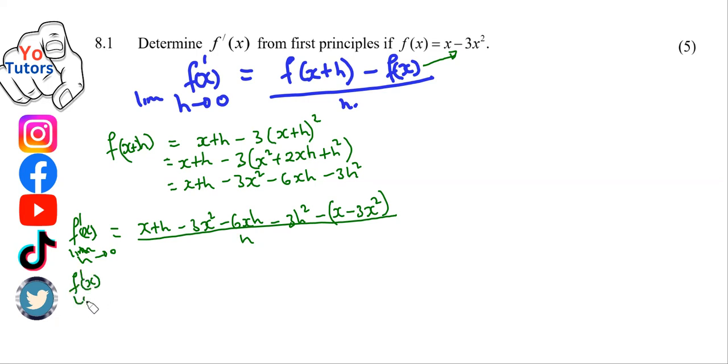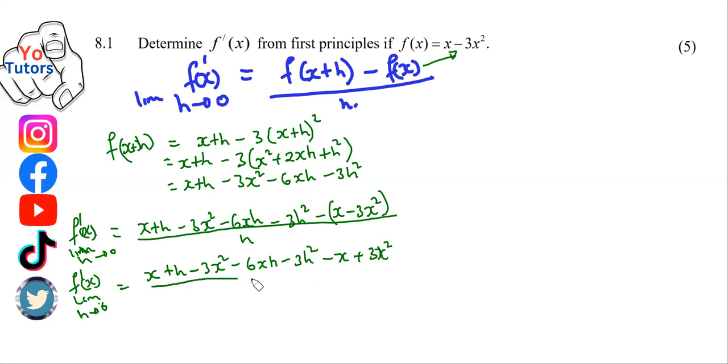So here, what are we going to have now? Let's have our limit h approaching 0. Here it is going to be equal to x plus h minus 3x squared minus 6xh minus 3h squared minus x plus, there's a minus and a minus, which gives us plus 3x squared.